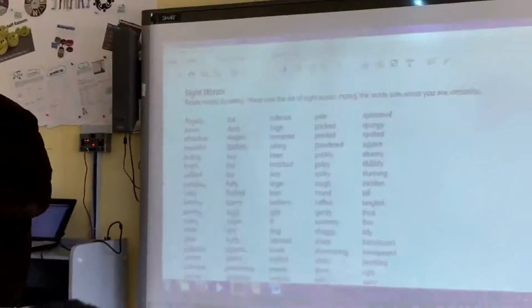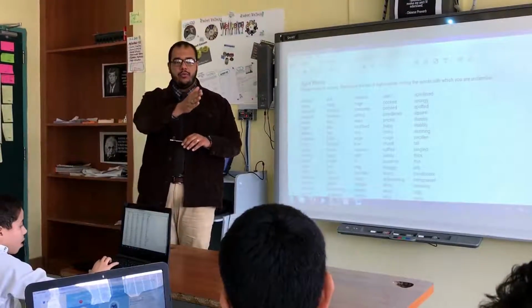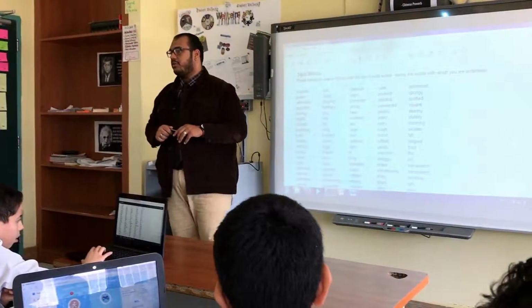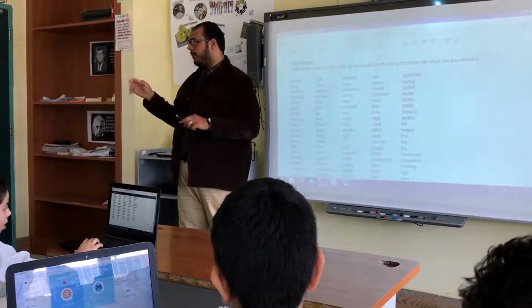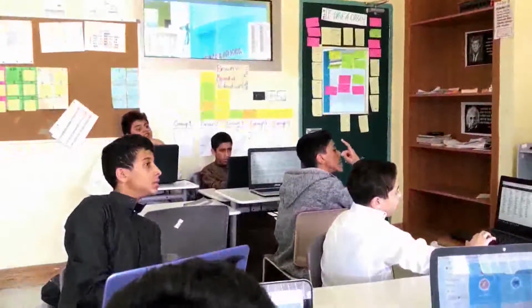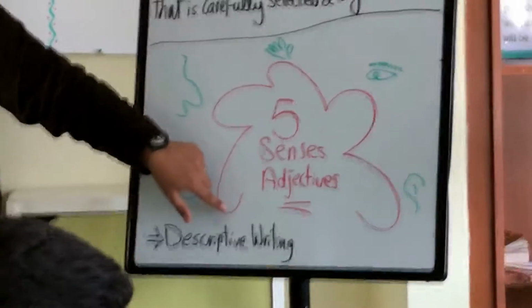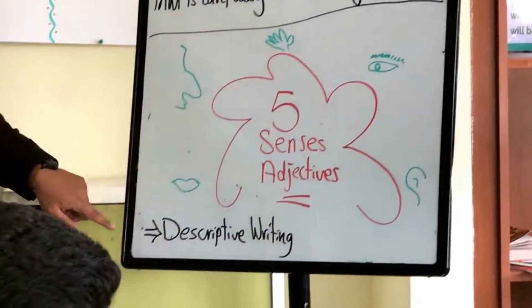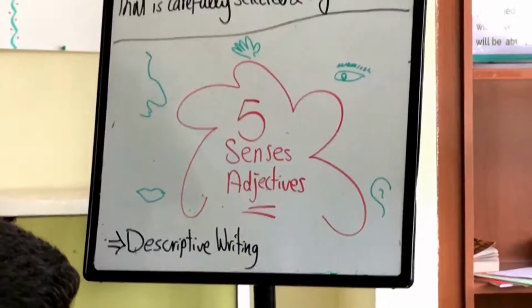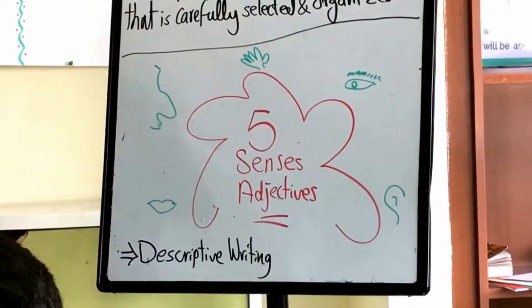So this is our job now. Since we are classified into 3 groups, the green group, raise your hand. What you have to do now is draw a diagram like this, in that way. And for every sense, list 5 adjectives that you wish to use in your descriptive writing.